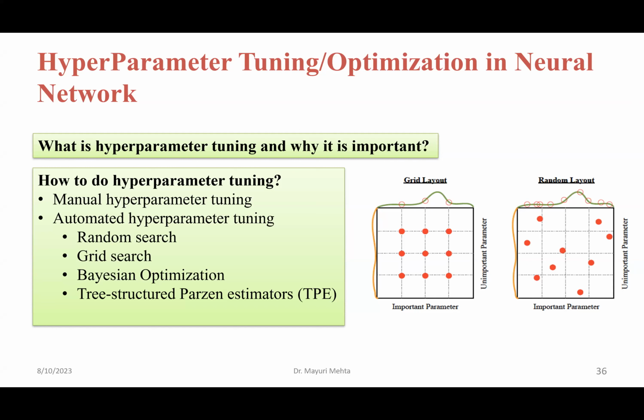So Bayesian optimization helps us find the minimum point in the minimum number of steps.